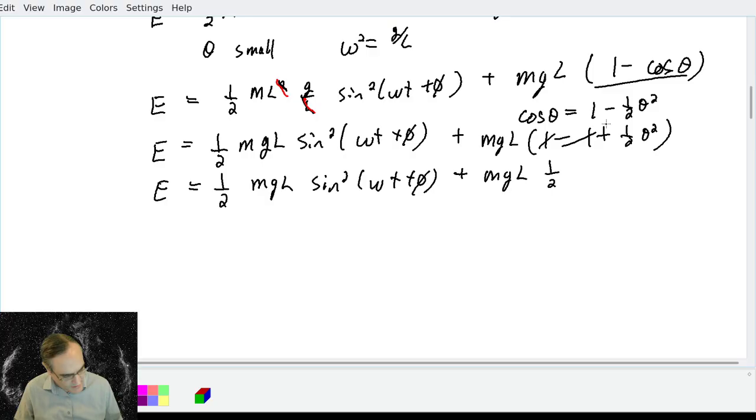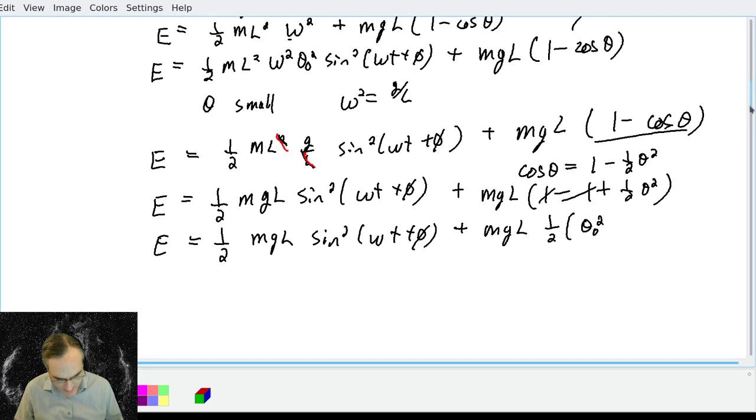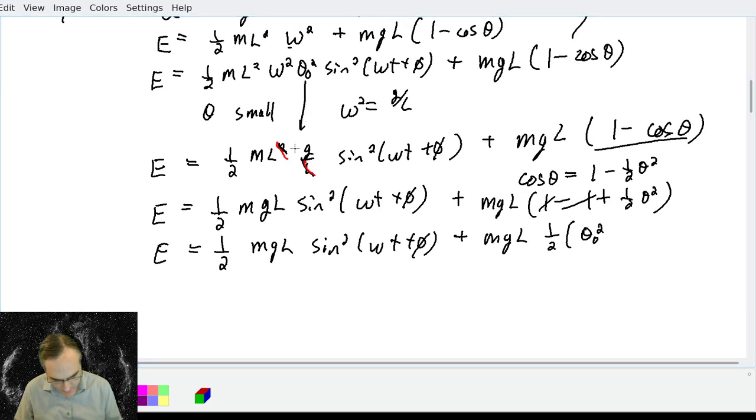We get these canceling out. We've got a 1/2 theta squared, but theta squared is going to be theta naught squared. I just noticed a problem. This should have been coming down the whole way through. So theta naught squared cosine squared of omega t plus phase.